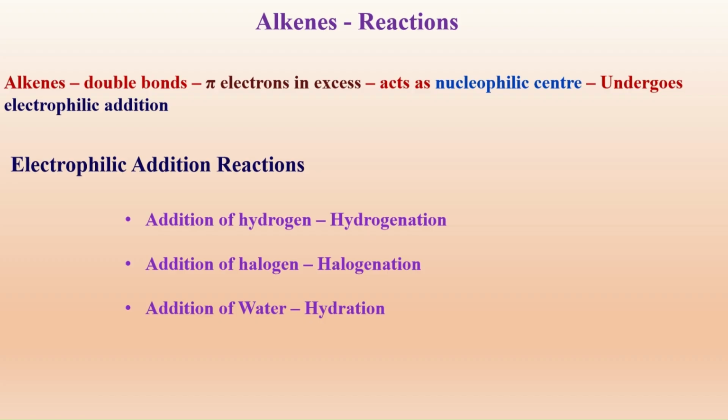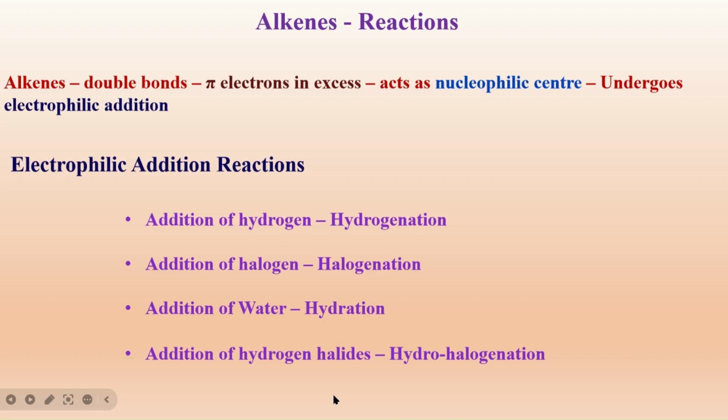Another electrophilic addition reaction, to be precise, which the alkene can undergo is addition of hydrogen halides, that is hydrohalogenation. Let us look into the addition of hydrogen, that is hydrogenation, and how it occurs.